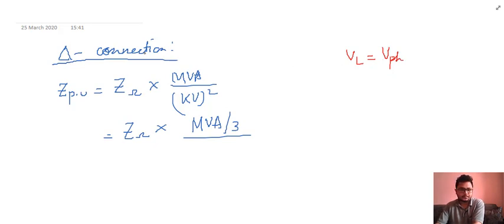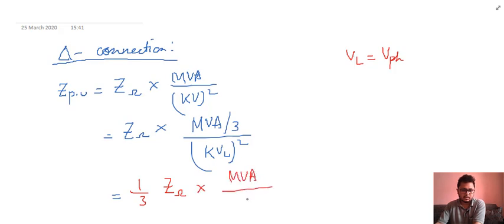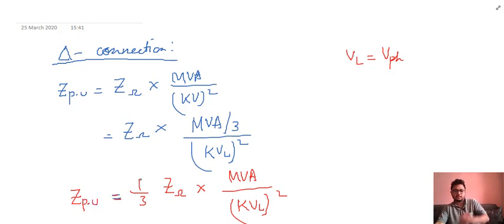So what I write here, kV will remain kV only, kV line whole square. So what finally I'll get, let me change the color of the font. So 1 by 3 Z ohm into MVA divided by kV L whole square, Z per unit if the type of connection is delta.